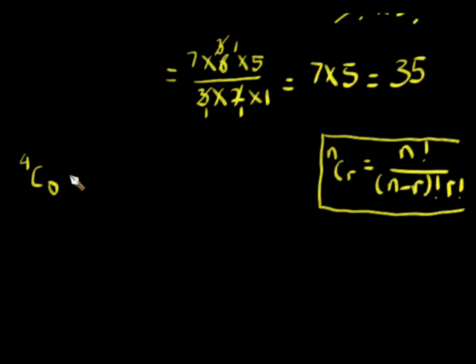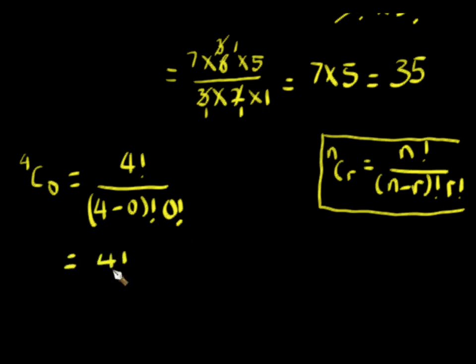So this gives us 4 factorial divided by 4 minus 0 factorial multiplied by 0 factorial. 4 minus 0 at the denominator still gives us 4 factorial.